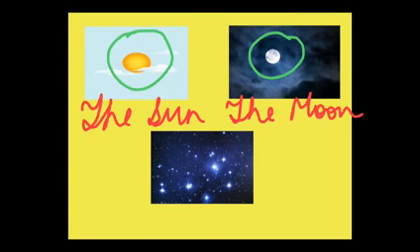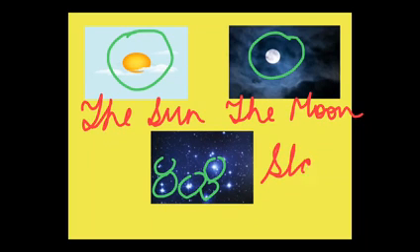This white round ball like object, students, we call it the moon. While so many objects which you can see in the sky which are shining, we call them stars. There are so many stars. So these we call the sun, the moon and the stars.